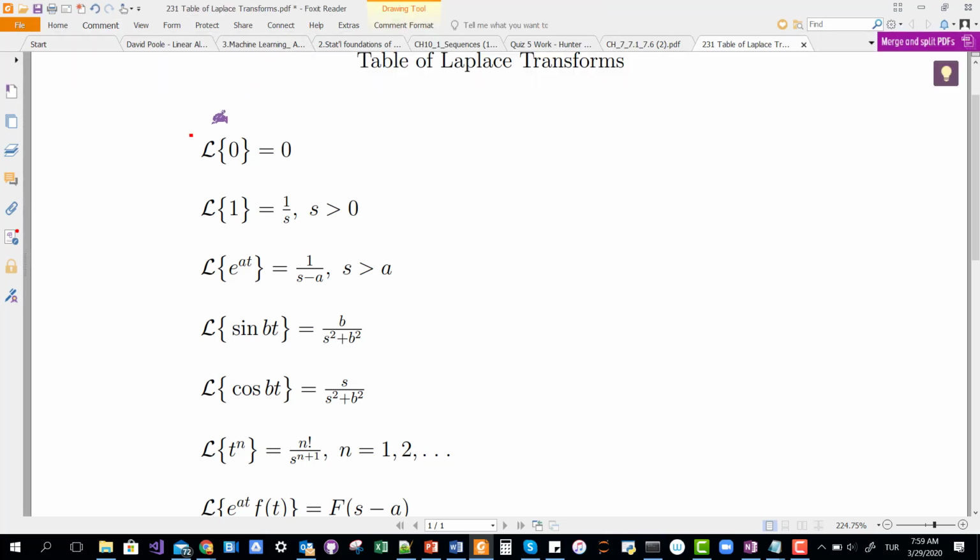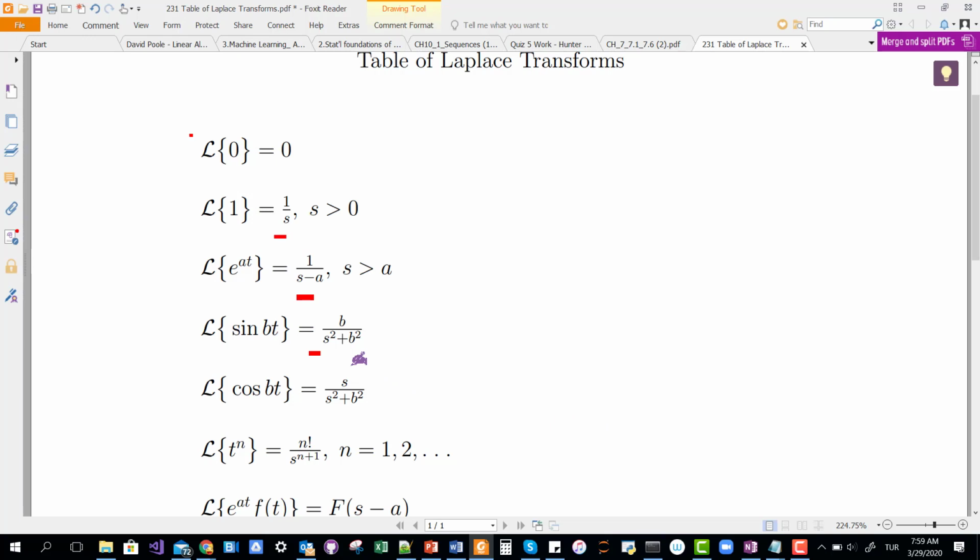So Laplace of 1 is equal to 1 over s. Laplace of e to the at is equal to this one. Laplace of sine bt is equal to this one, as I gave in my notes.